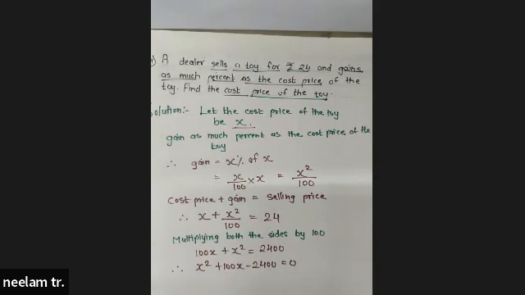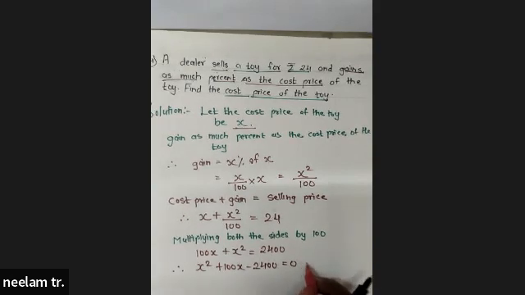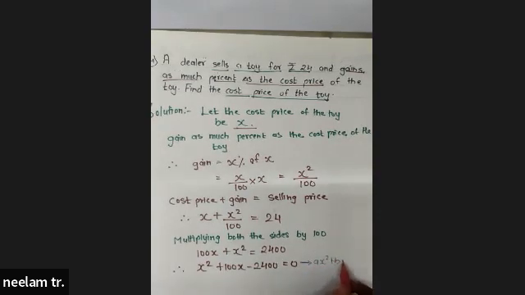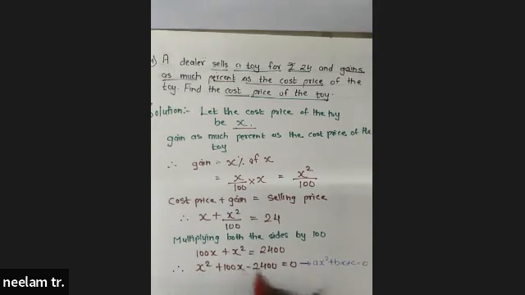What was my standard form? My standard form was ax square plus bx plus c is equal to 0. Yes, this is my quadratic equation. Now my next step is to find the factors. I'll take out the factors of minus 2400, which will give me plus 100 by addition or by subtraction.